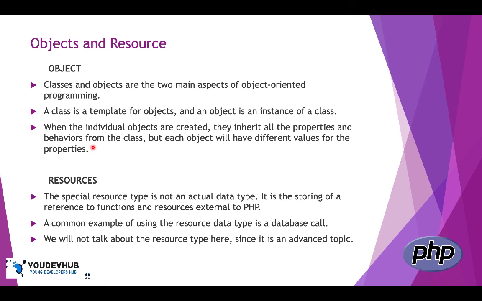We have arrays, which are containers that can store multiple values in one variable. And we also have objects and resource, which can be used to store classes and for use in more object-oriented programming.